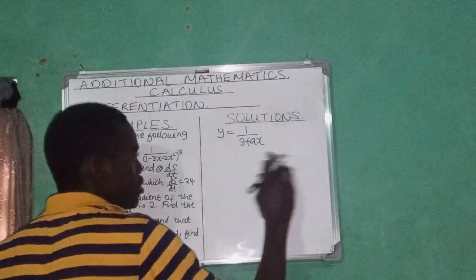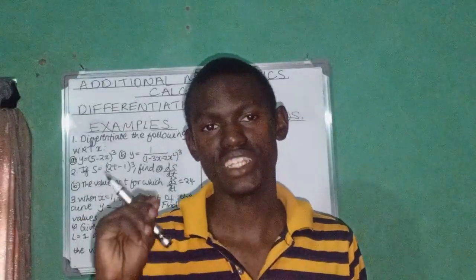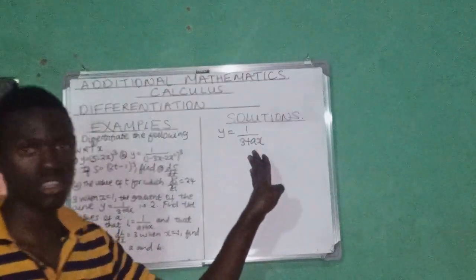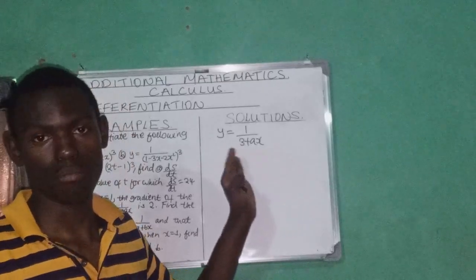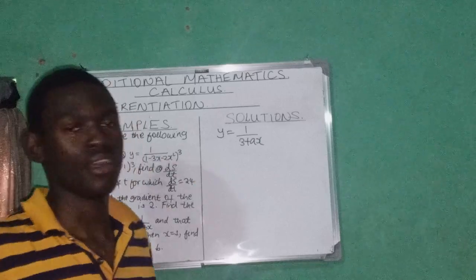So we can't differentiate here. If you hear the word gradient, the thing you should start thinking about is dy/dx. So we need to differentiate this. The way it's looking, we cannot differentiate it because the part having x is on the bottom of the fraction. It needs to go up.